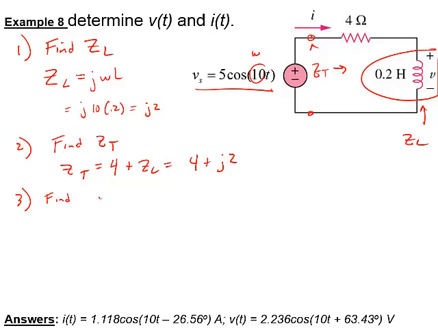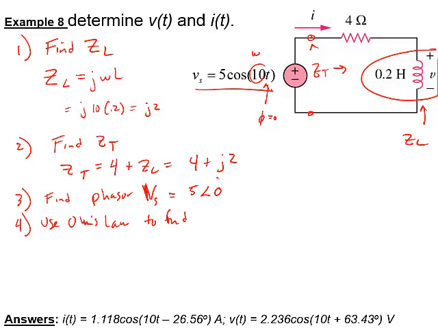We can turn our input signal into a phasor, so we'll call that phasor Vs, which is just 5 angle 0, because there's no phase angle here. Then we can use Ohm's law to find the phasor current Is.